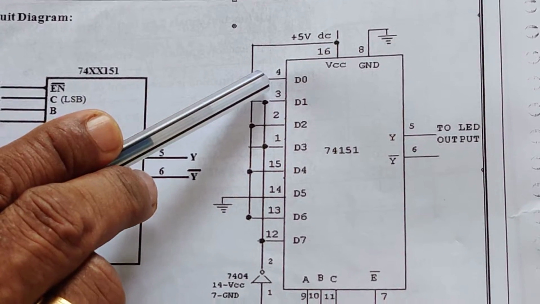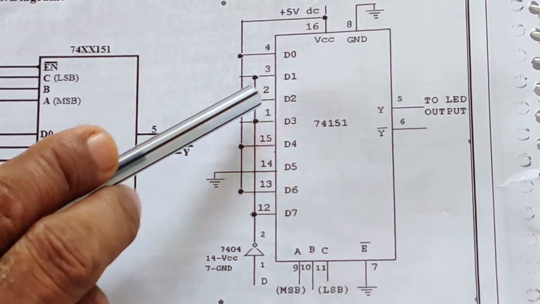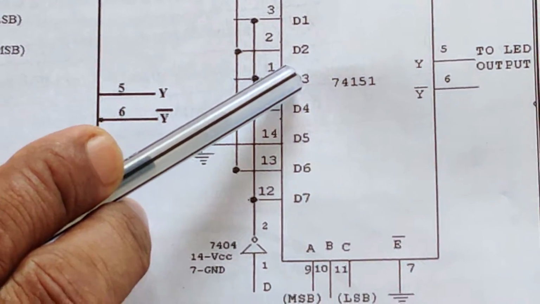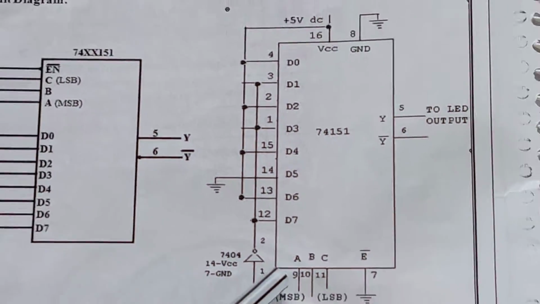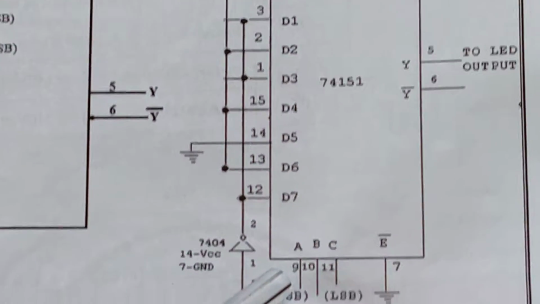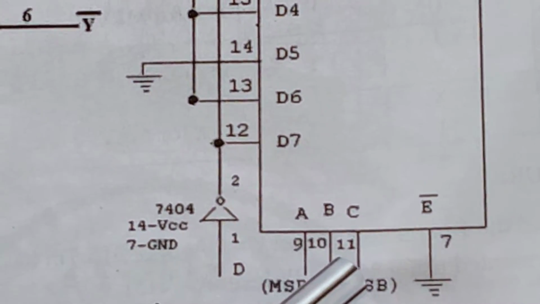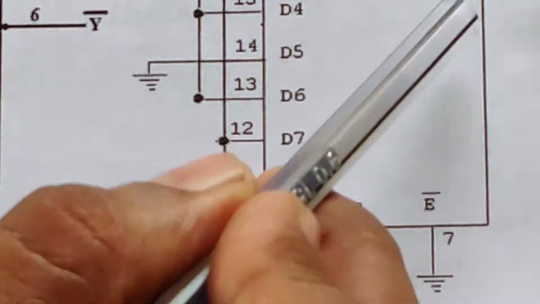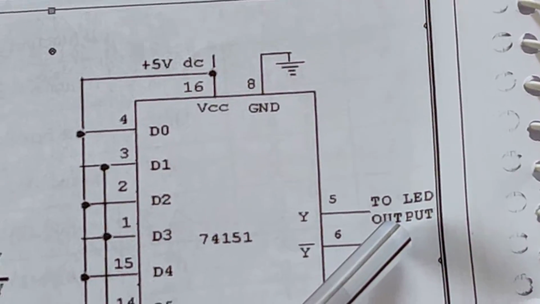For example, pin number 4 is D0, pin number 3 is D1, pin number 2 is D2, pin number 1 is D3. Other than this, we have control lines A, B, C, which are pin numbers 9, 10, 11, and Y is the output.